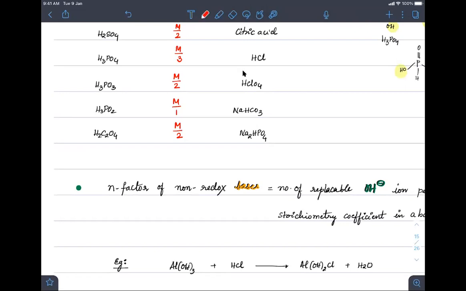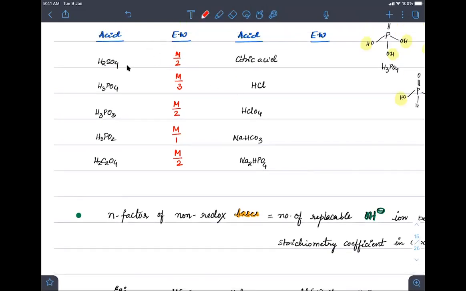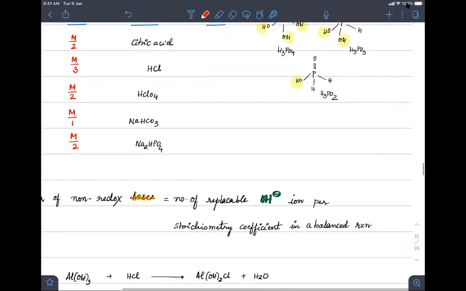Next, let us see about citric acid. If you check out the structure, how does it look? Citric acid has a structure where you have COOH on one side, COOH on the other side, then CH, OH here, and one more COOH here.